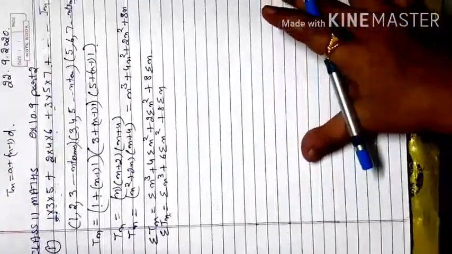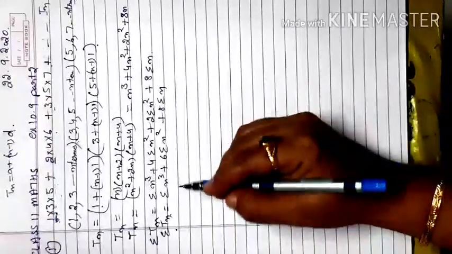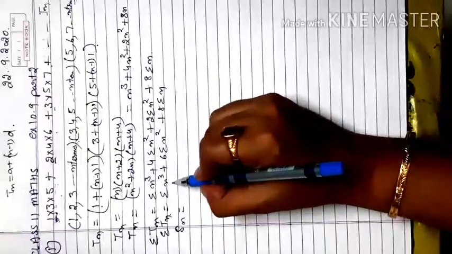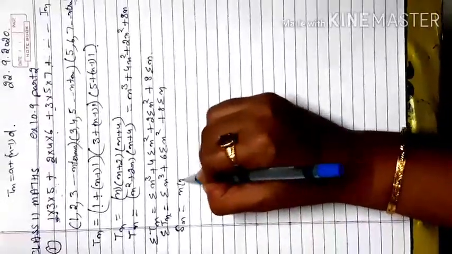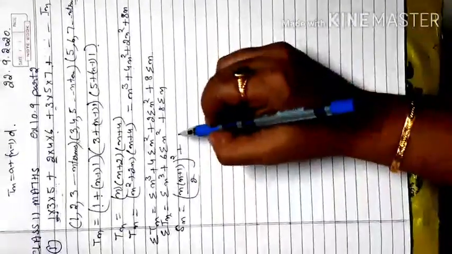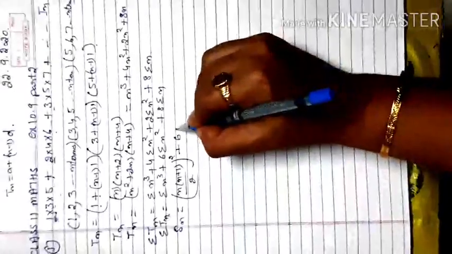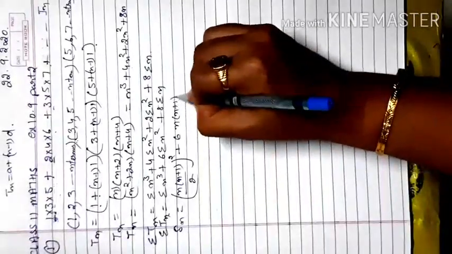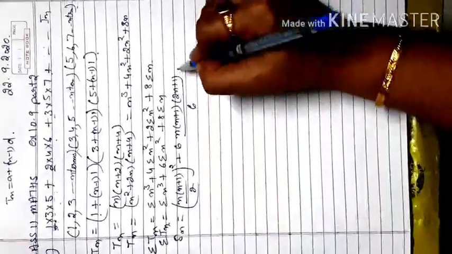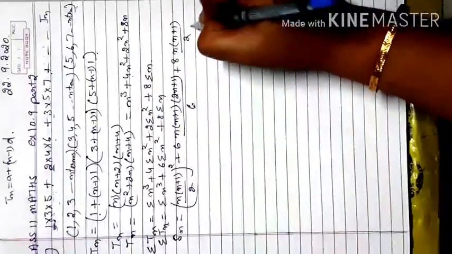Sigma tn means if you add all the terms, that is equal to the sum of n terms. Here you have the sigma n cube formula, n into n plus 1 by 2. You directly apply the formulas for summation n square, summation n cube and summation n: 6 into n plus 1, 2n plus 1 by 6, plus 8 n into n plus 1 by 2.